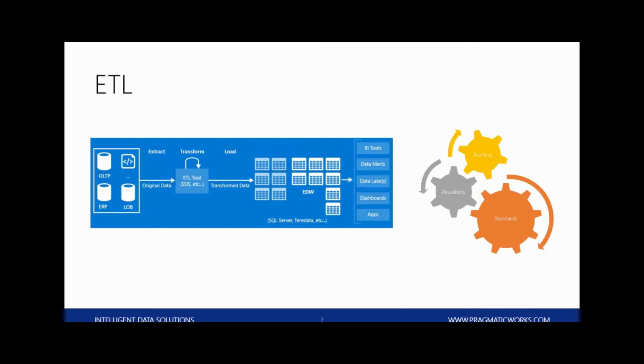For example, a simple type 1 slowly changing dimension that you need to load shouldn't be done by developer A through a merge statement and by developer B through a data flow with a lookup and a bulk insert in the control flow pattern. Agreeing on those standard sets of behaviors and design patterns is going to make the development processes as well as the troubleshooting processes that much faster.